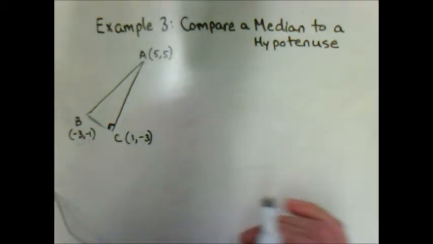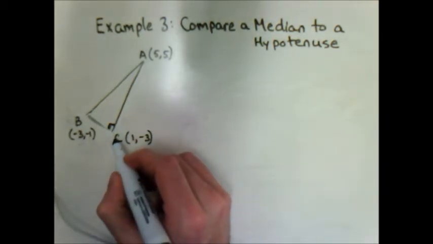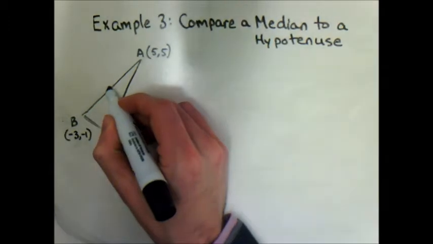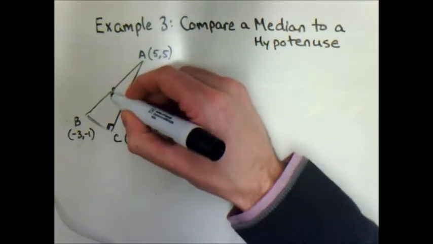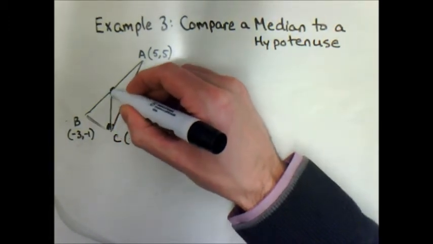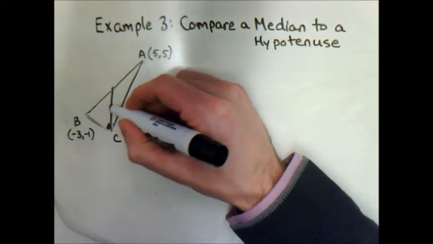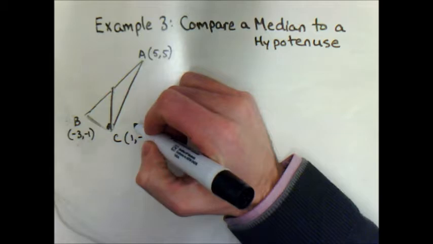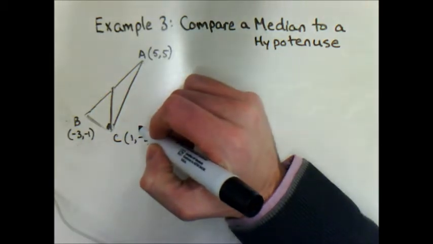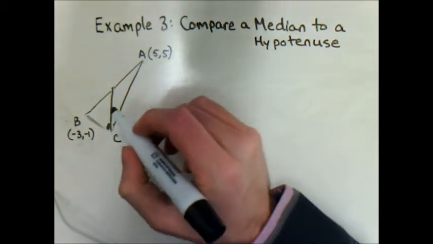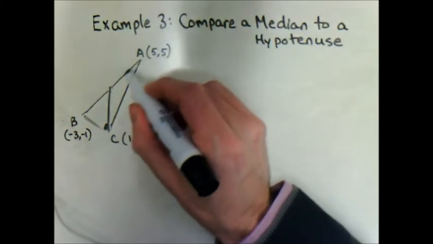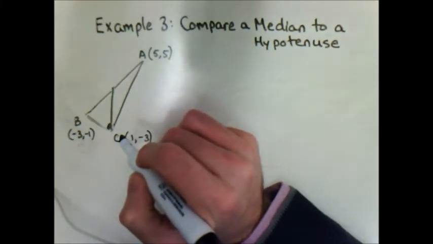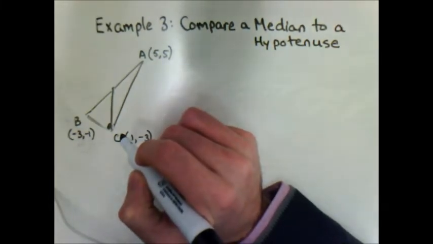So the median that comes from the right angle is going to hit AB somewhere around there. And our goal is to show that the length of this median is half the length of AB. There's a couple things we need to know in order to figure this out. We need to know the length of the hypotenuse from A to B, which we already figured out in the previous example.